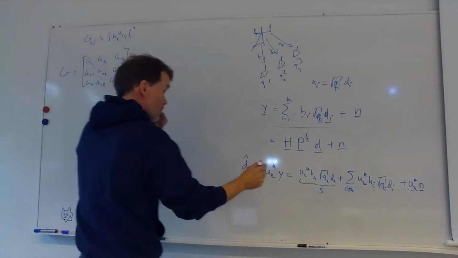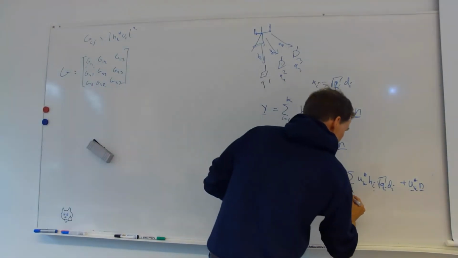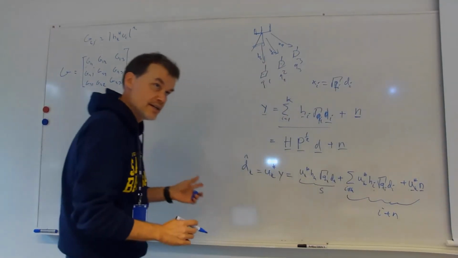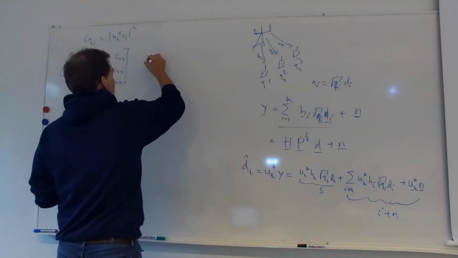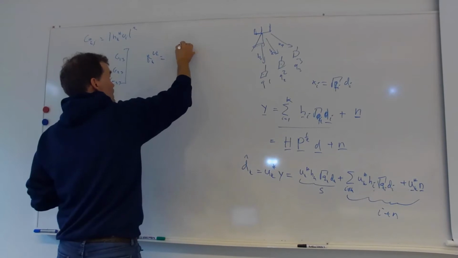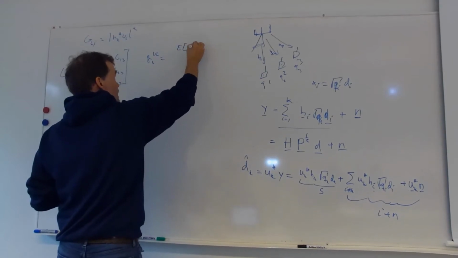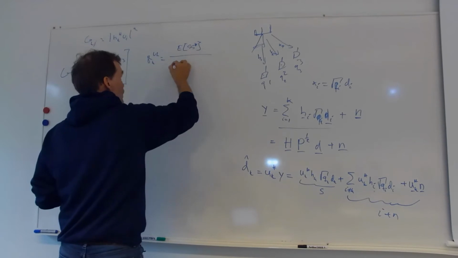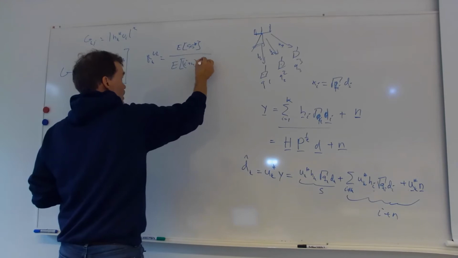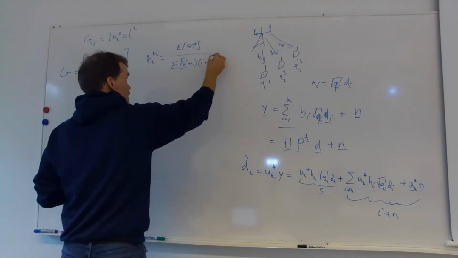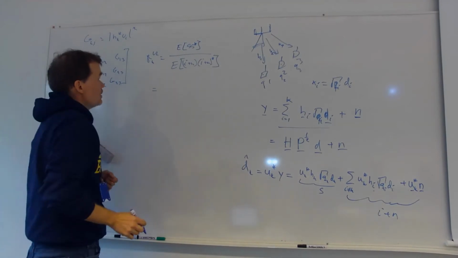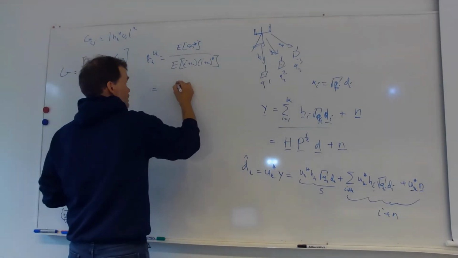So now we can compute the signal to interference plus noise ratio again in uplink, right? Gamma K uplink. Again, that would be the expectation of S S complex conjugate over the expectation of I plus N, I plus N. And we plug this in here, and we get the following expression.